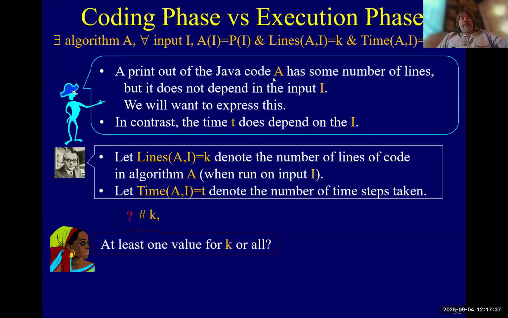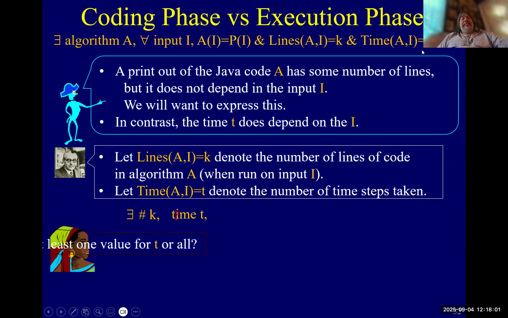Now, where are we going? Right now, K and T are free variables. We haven't said what K and T are. So which K does this equal? Is it going to equal for all k? No, it can only equal for some k. There exists a k. And similarly, there exists a t.